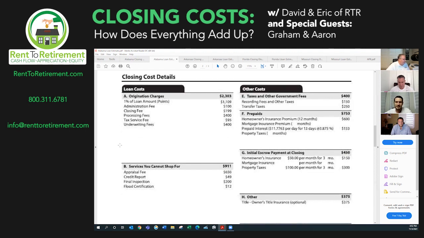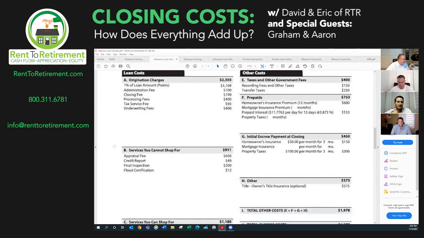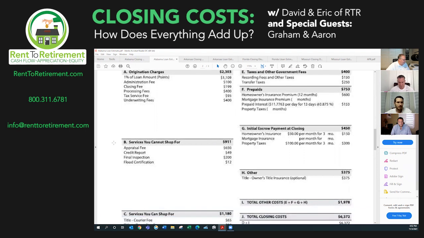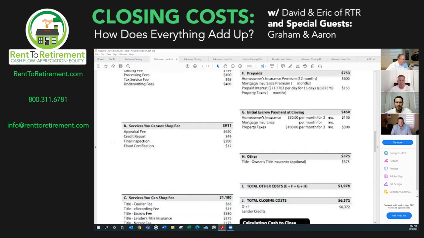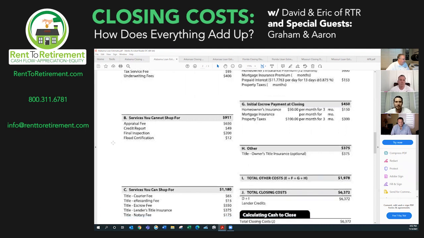If we jump down to section B, that's going to be everything from the appraisal, credit report, and the flood cert. Those are all basically third-party fees that we run as the lender in order to complete our job. One of the things on section B I want to point out is we put this final inspection in. The reason we do that is because Rent to Retirement is working with a lot of builders out there.